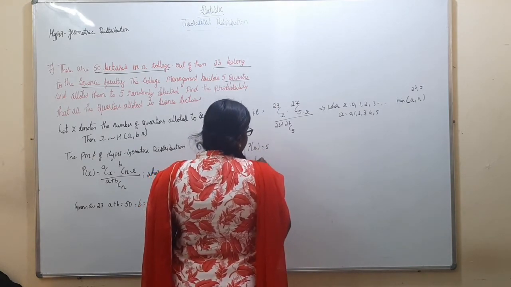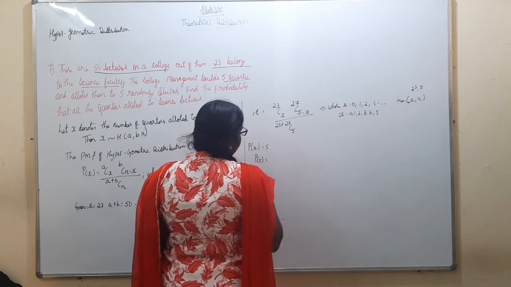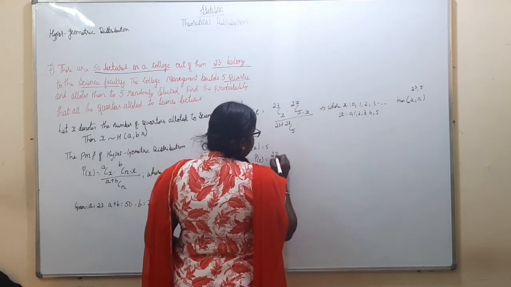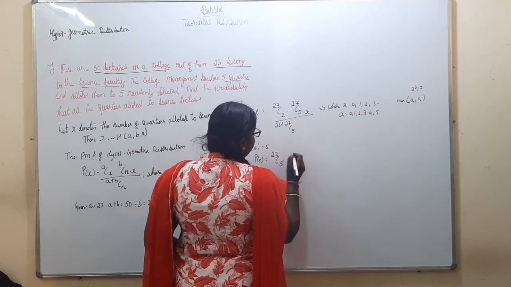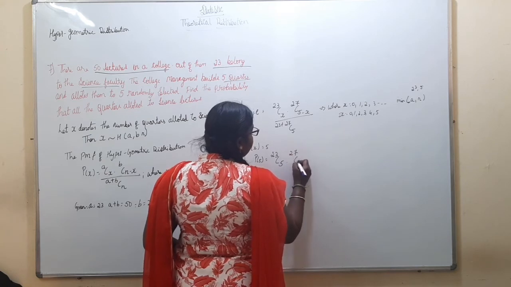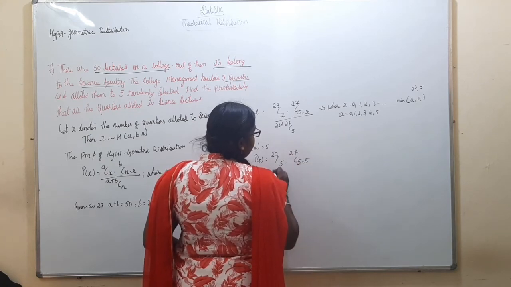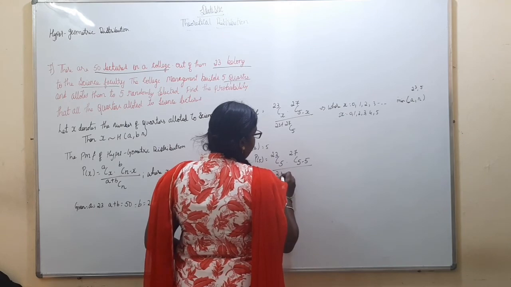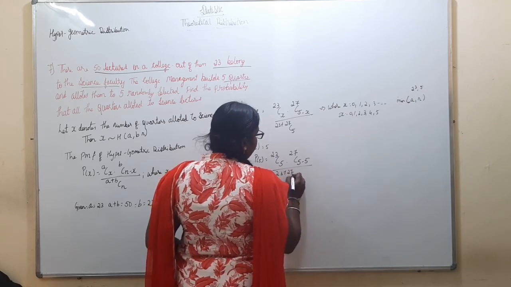We need to find P of X equals 5. That is P5 equals 23C5 into 27C(5 minus 5) divided by (23 plus 27)C5.